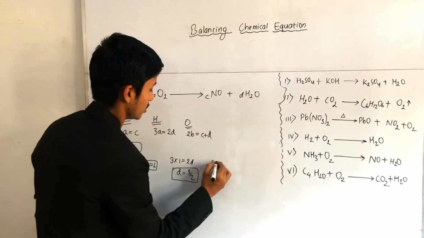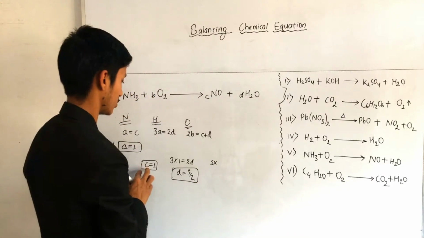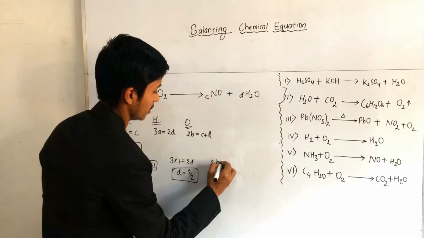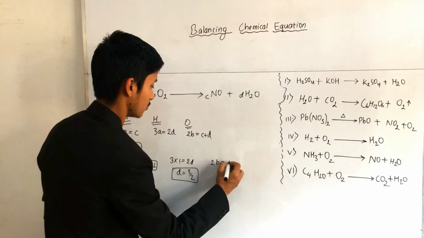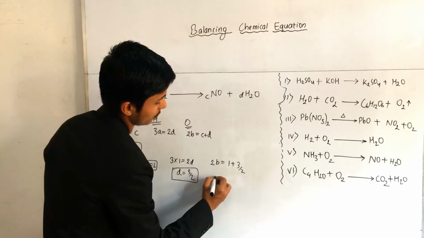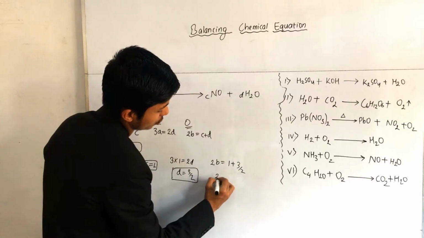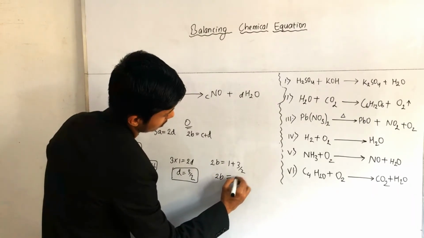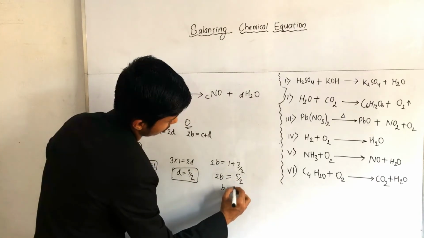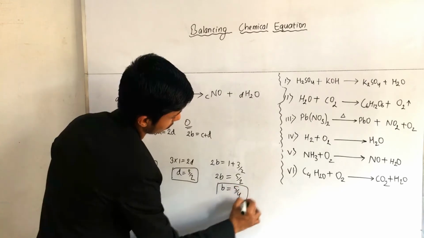Similarly, 2 into B, we have to find this B, is equal to the value of C, which is 1, plus the value of D, which is 3 by 2. Then we have 2B is equal to 5 by 2, so the value is 5 by 4.